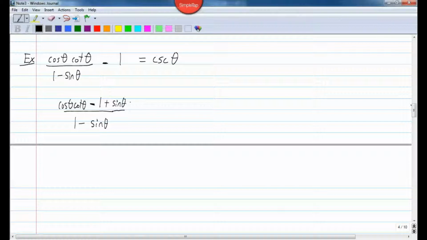Now it doesn't look like I've made this thing any easier. If anything, it looks like I've made it more complicated. Some of you would try to do this right here, but I don't suggest it. It doesn't really do anything there.